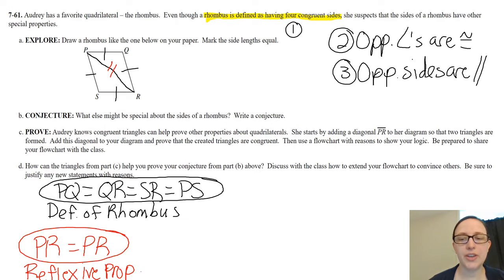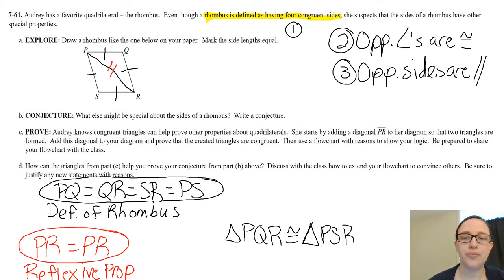All right, so now we can say that our 2 triangles are congruent to each other. So triangle PQR is congruent to triangle PSR.